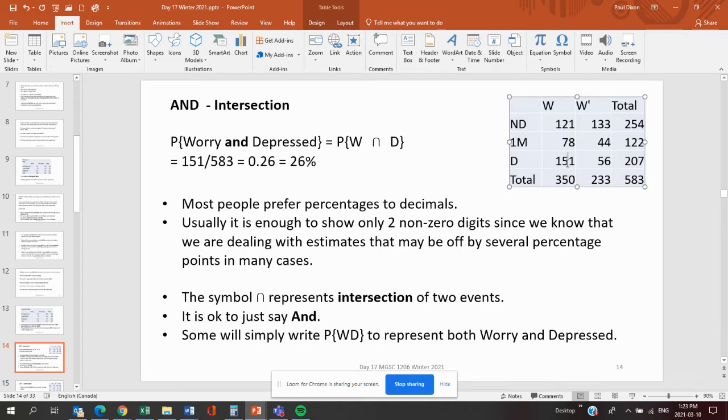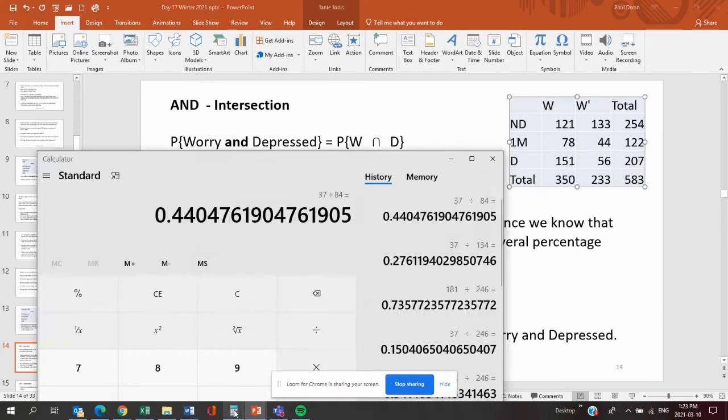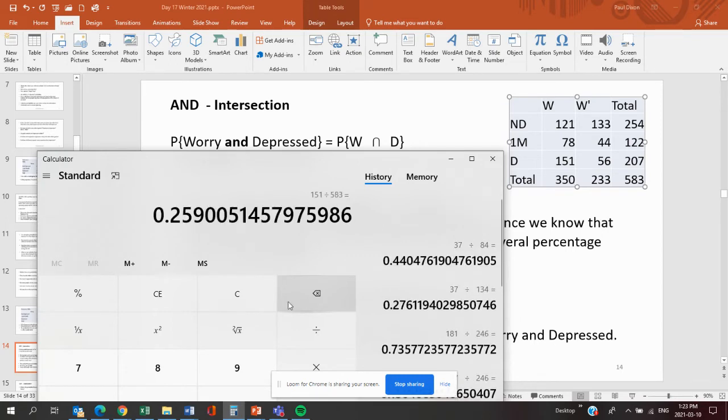Okay? You're going to notice that my number is just a simple percentage. What is that? Let me just get a calculator here. If I were to take 151 and divide it by 583, I get 25.900, a whole bunch of decimals.